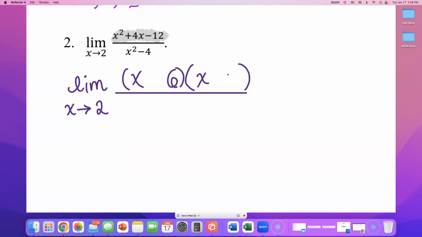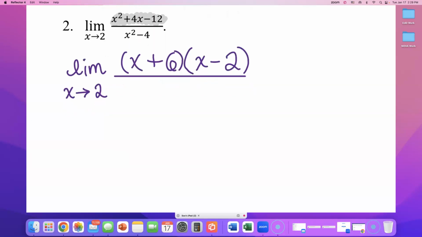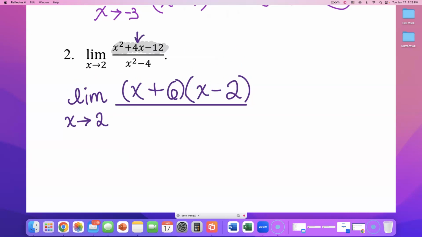I think 6 times 2 gives us 12. Make the 6 a positive, make the 2 a negative, then they will add up to positive 4. So factoring's good. Now let's factor the denominator. Remember how to factor these types? That's difference of squares. That turns into x plus 2 times x minus 2.